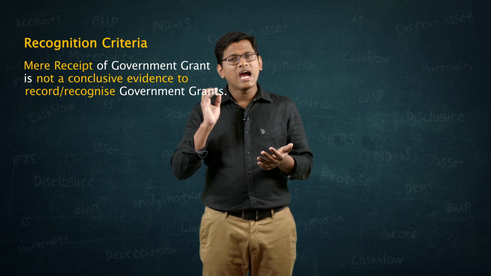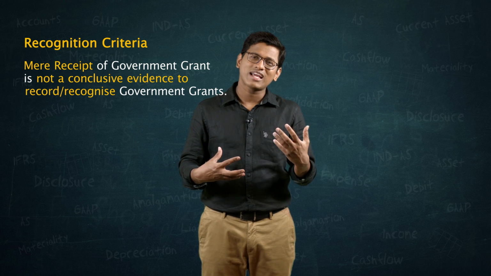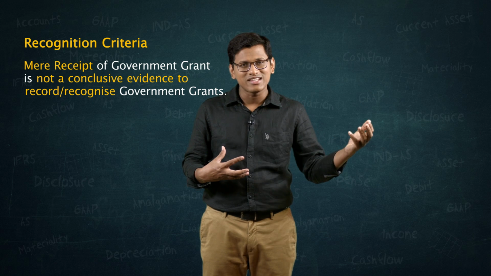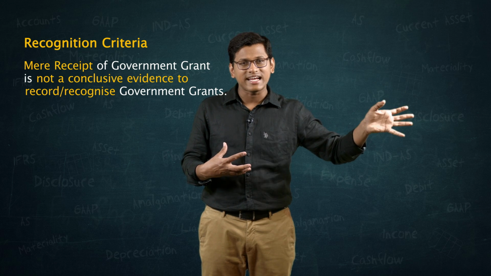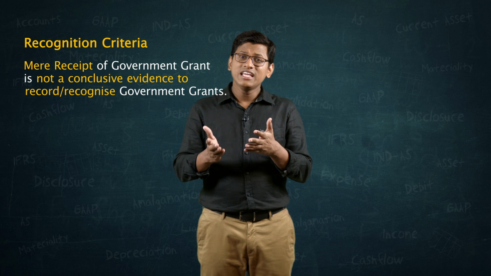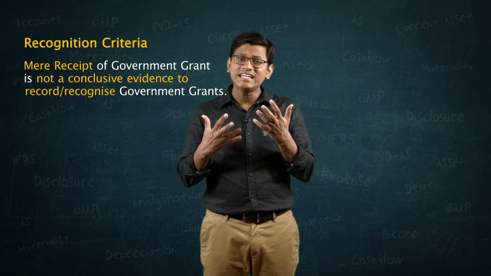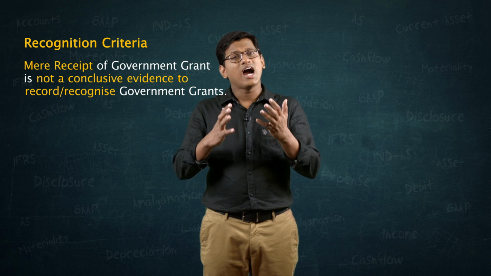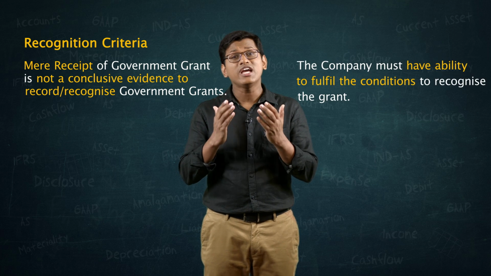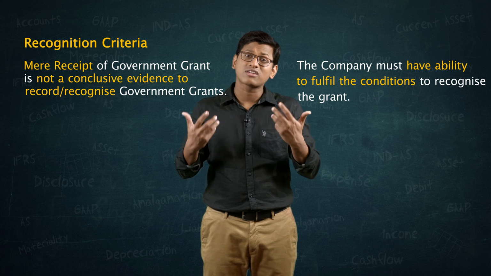Listen carefully. Even if government has given the grant to us, if we do not have the ability or willingness to meet the conditions attached, the government grant may go back. So considering that, if there are questions about our capability and intention to meet the conditions, government grant should not be recognized as income. So basically government grant should not be recognized at all.